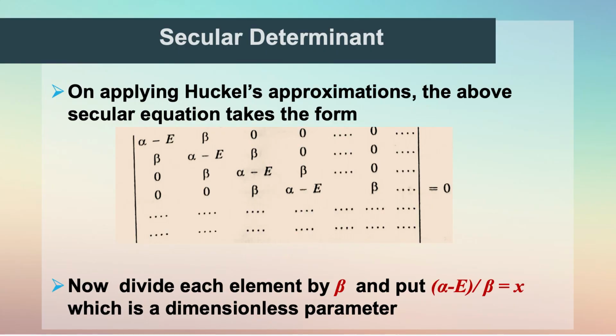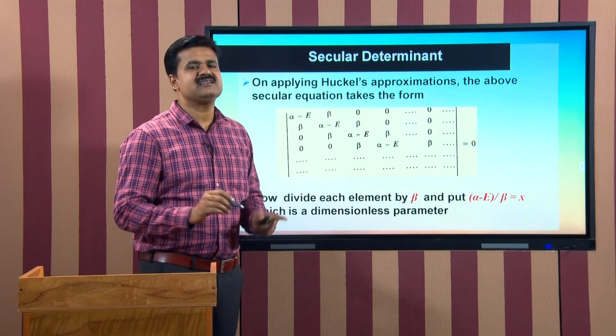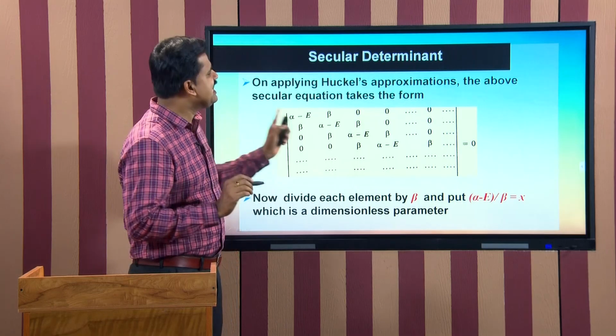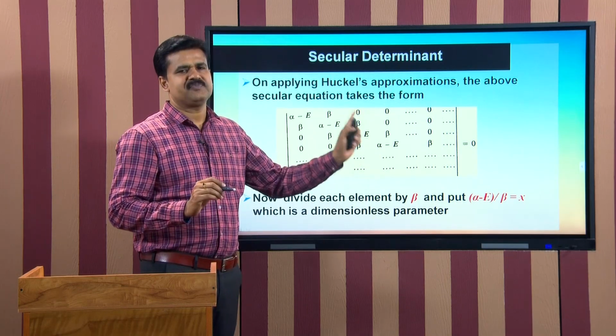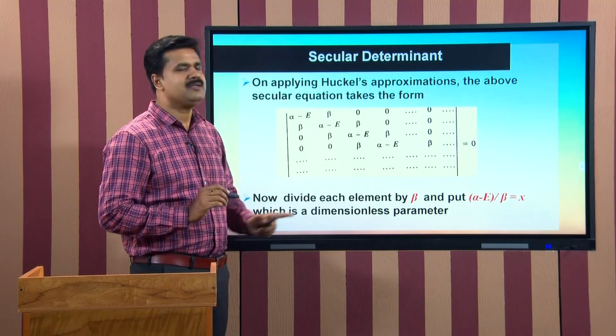Now, to further solve this secular determinant, we are taking the assumption that alpha minus E by beta is equal to x, and this alpha minus E by beta is obtained by dividing each element in this secular determinant by beta.